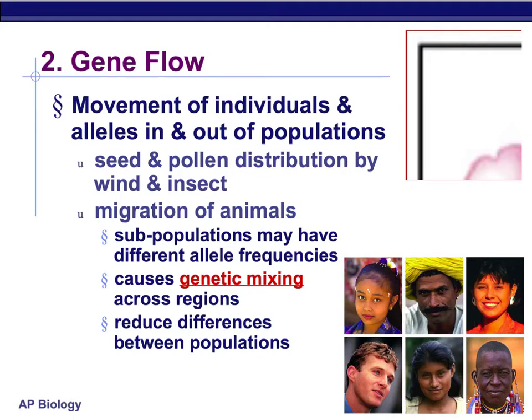So what we have developing, especially in the human population, is a genetic mixing across the different regions of our world. So it really is reducing the differences between our individual populations. The human race is divided into three main populations.